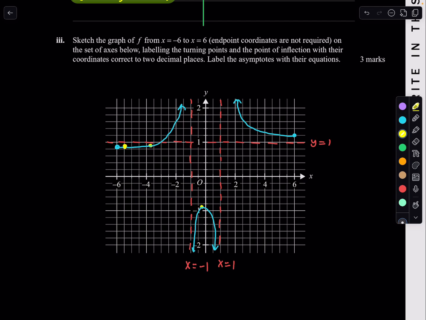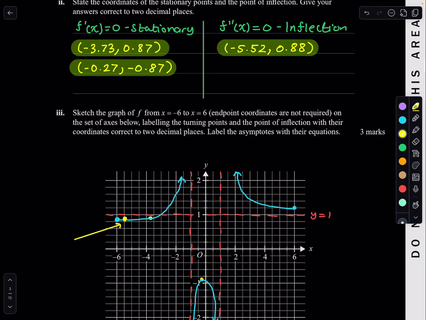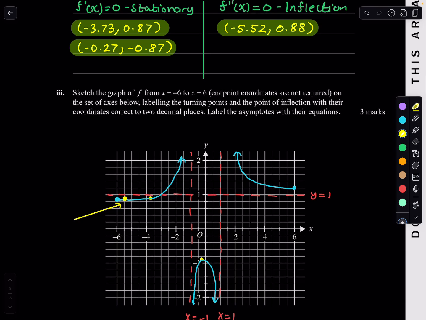And let's label those points here. So this point here was our, what was it? That -5 one. So it's that -5.52, 0.88. And this one over here was that -3.73, 0.87.